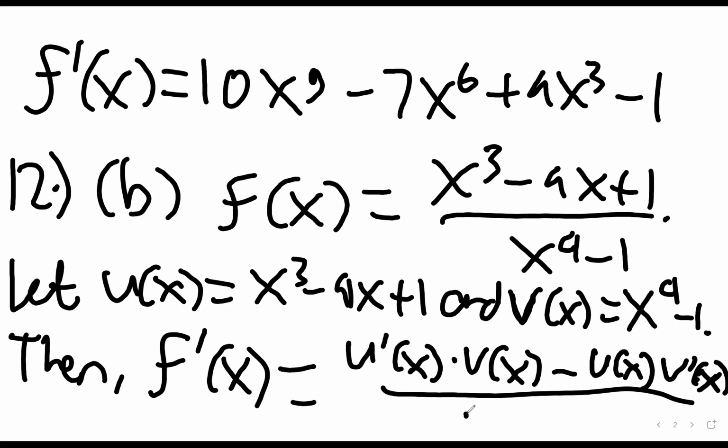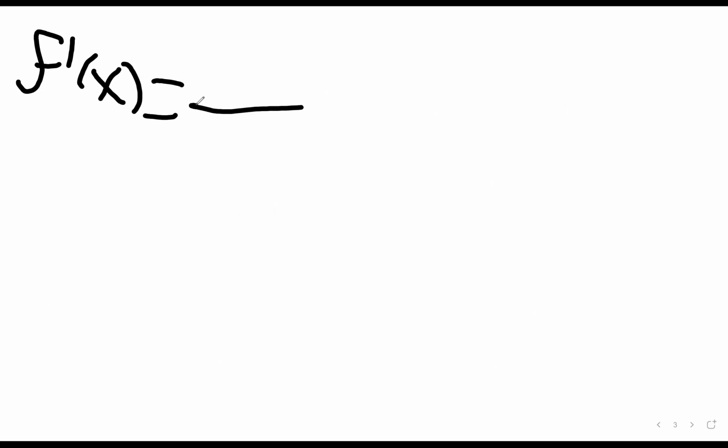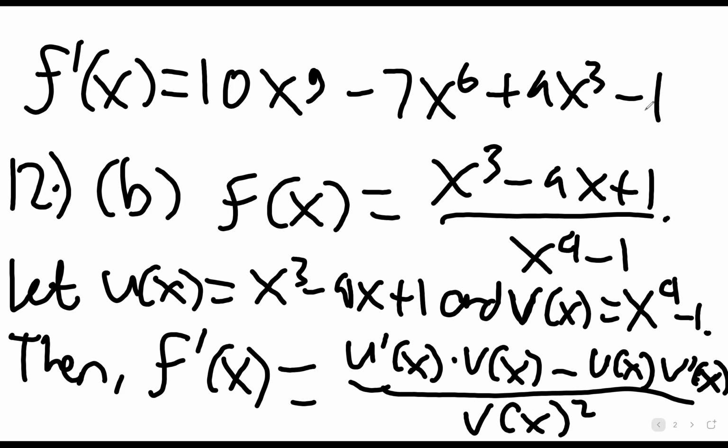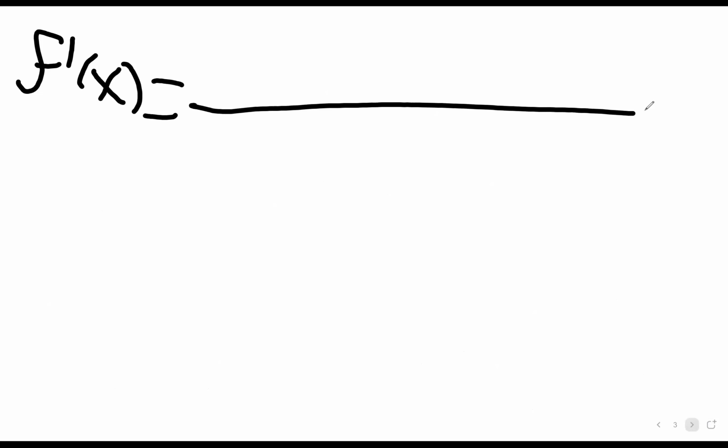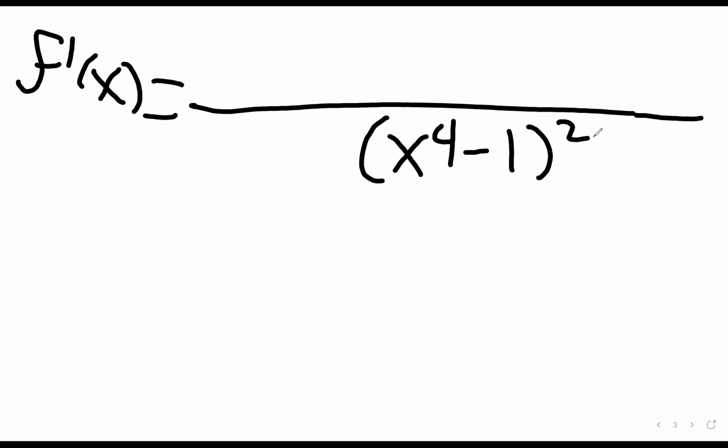divided by v of x squared. So if we substitute u, u prime, v and v prime, we have f prime of x equals, with the denominator v of x squared, x to the power 4 minus 1 squared.